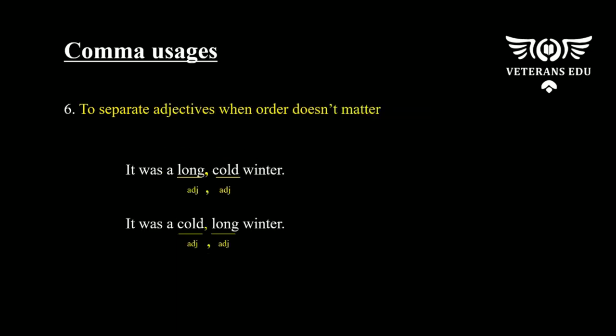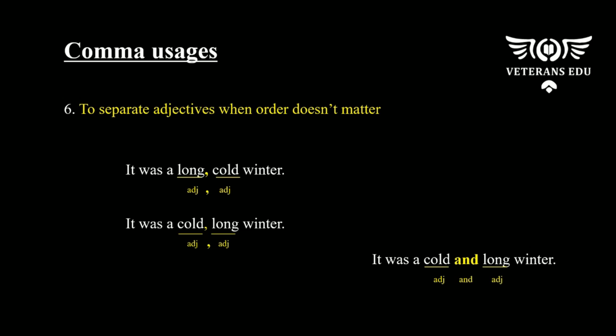And this brings us to our final usage that is fundamental for SAT writing. We also use a comma to separate adjectives when order doesn't matter. For example, in the sentence, "It was a long, cold winter." The order of the adjectives doesn't matter because I can also say, "It was a cold, long winter." Another way of writing adjectives when order doesn't matter is using the word and.